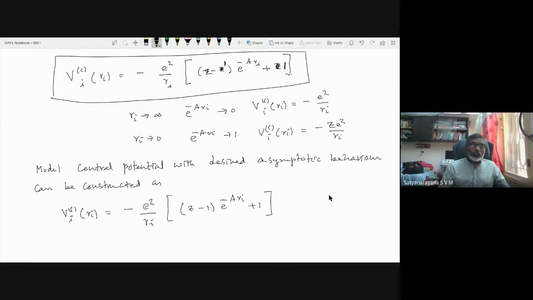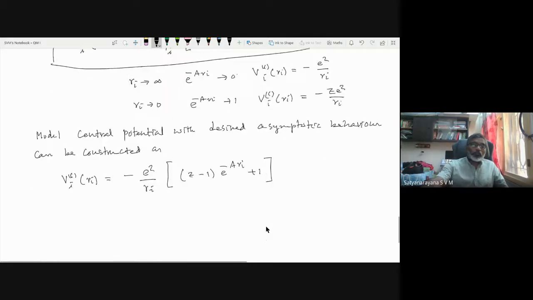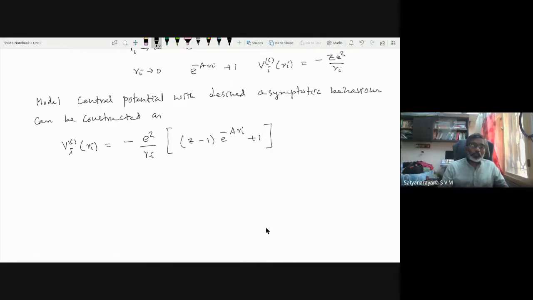So you can solve this. But this is not unique because I have used one method to construct this. So this is just one of the model potentials.